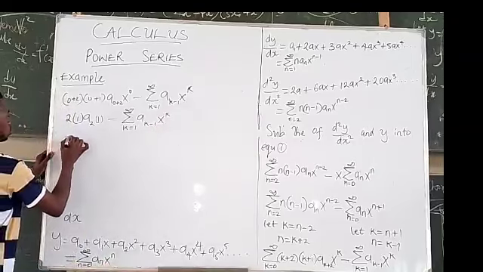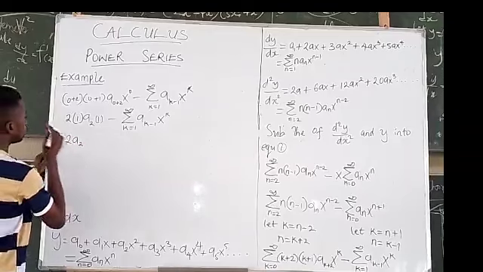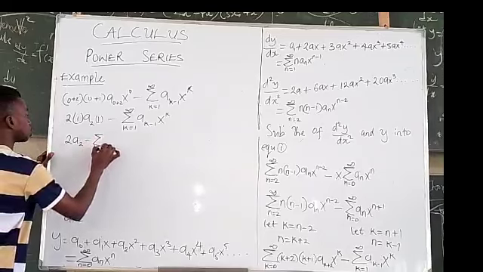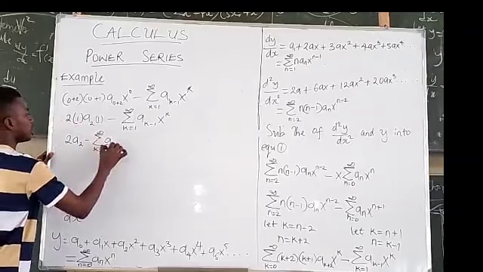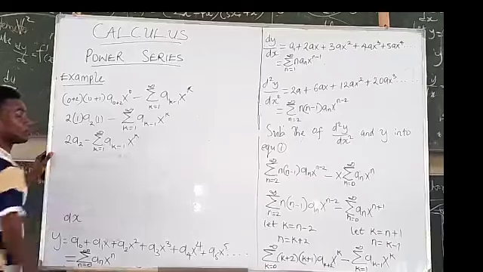So this will become 2a2 minus summation k equal to 1 to infinity a k minus 1 x to the power of k.